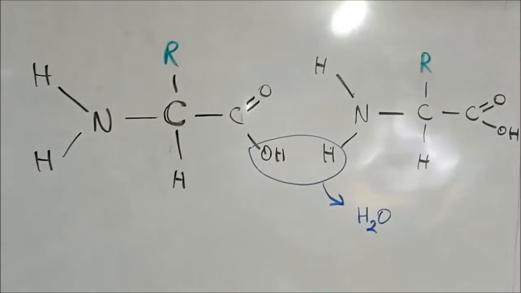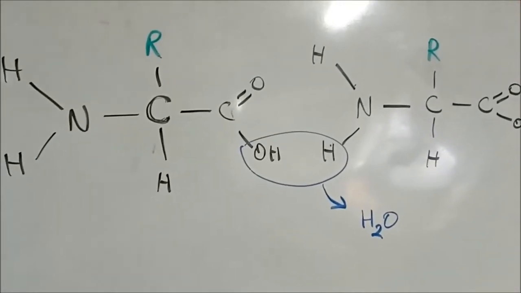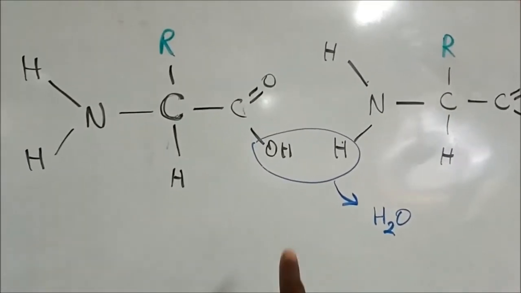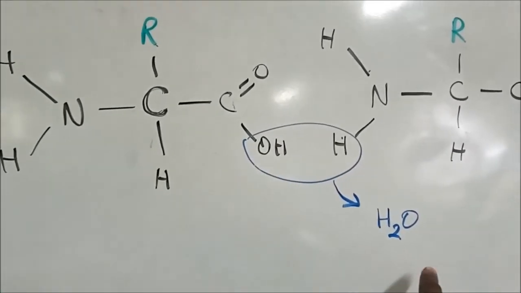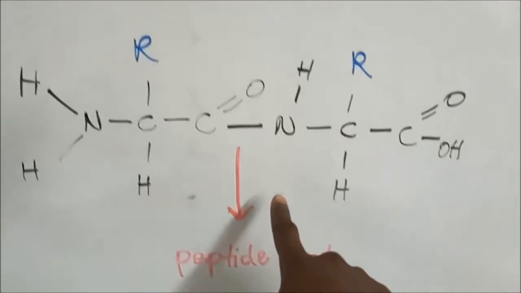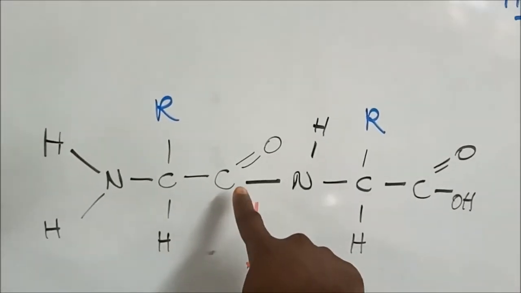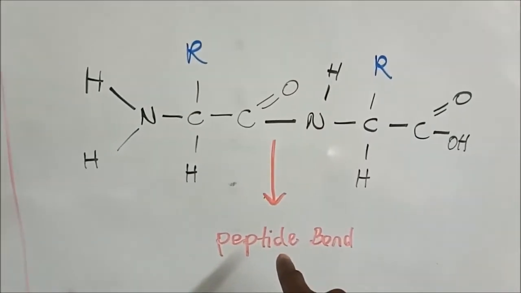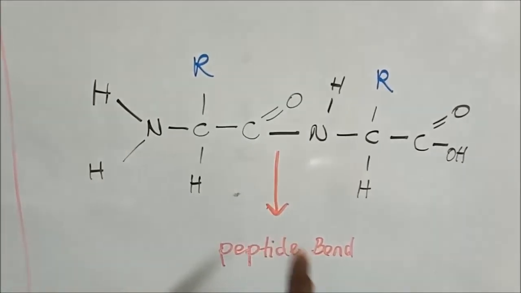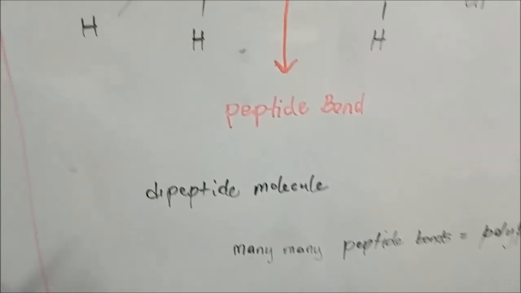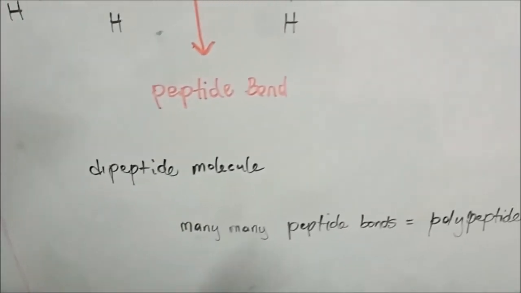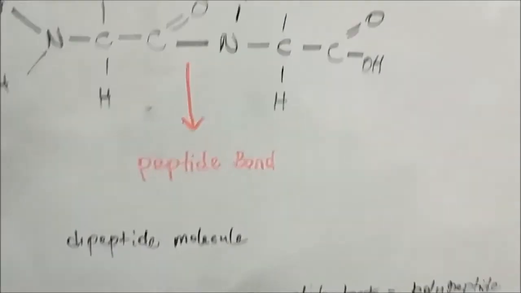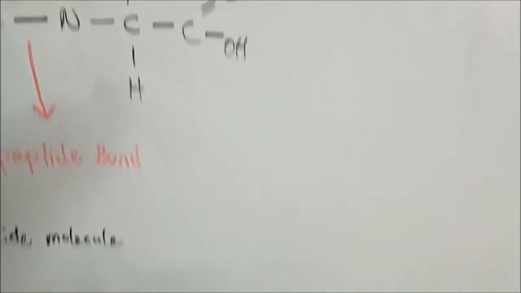So just to review, the formation of the peptide bond is between the carboxyl group and the amino group, where we remove a water molecule and form a peptide bond between the carbon and the nitrogen of the two amino acids, and this leads to a dipeptide molecule. Many peptide bonds, which means that you have a chain of these continuously, gives us polypeptide molecules.